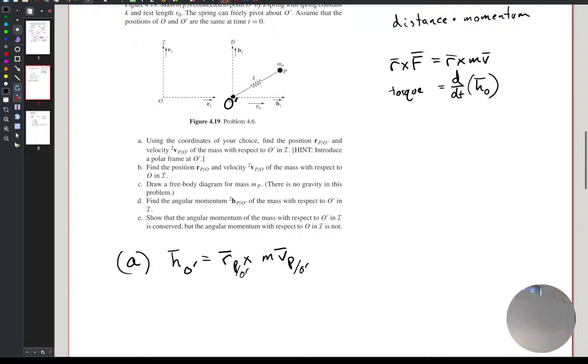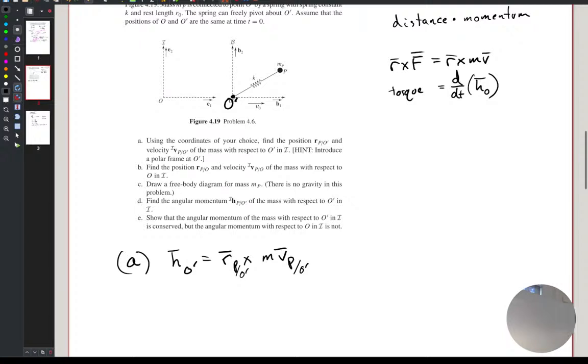If you give it an initial velocity, like stretch the spring and throw it, one thing it could do is just move in a circle.